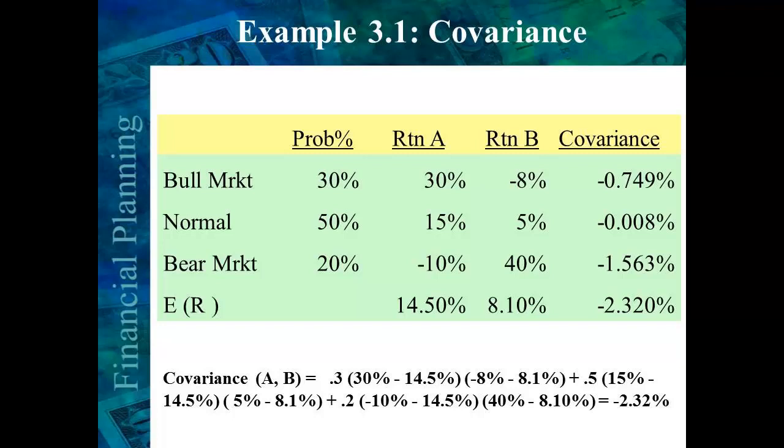The product of these three numbers equals minus 0.749%. Using the same methodology, the normal market covariance component is 0.008%, and the bear market covariance component is minus 1.563%. Adding the three numbers results in a covariance of minus 2.32%.